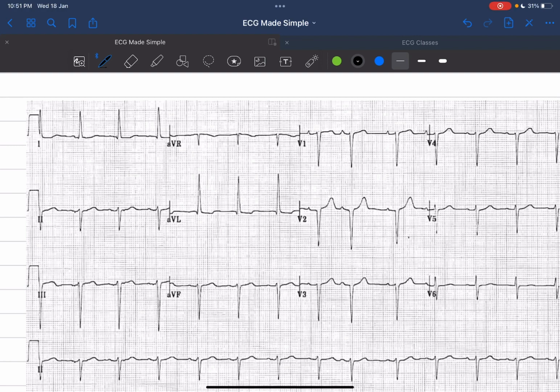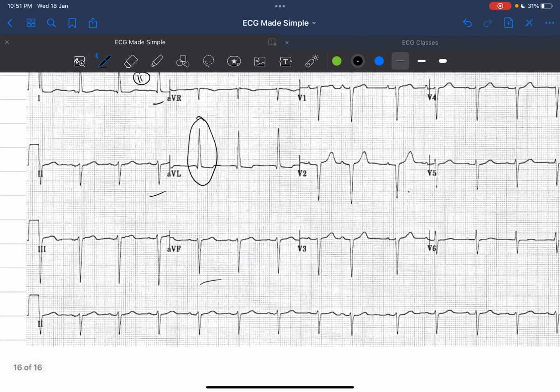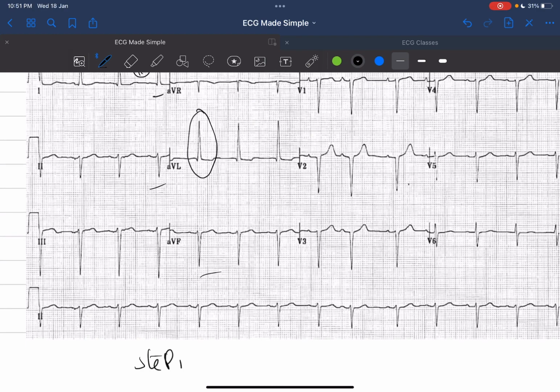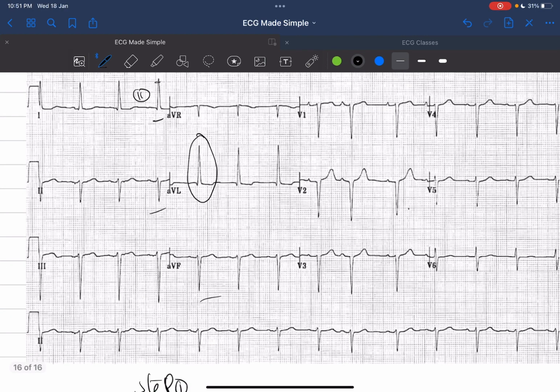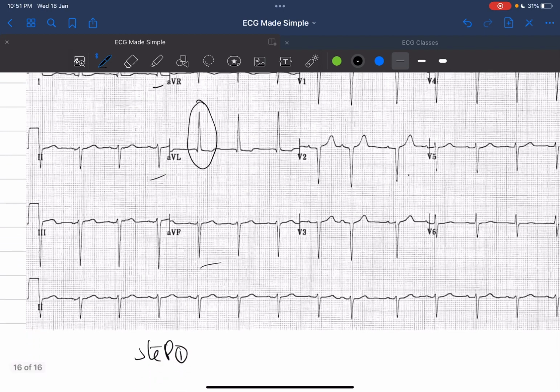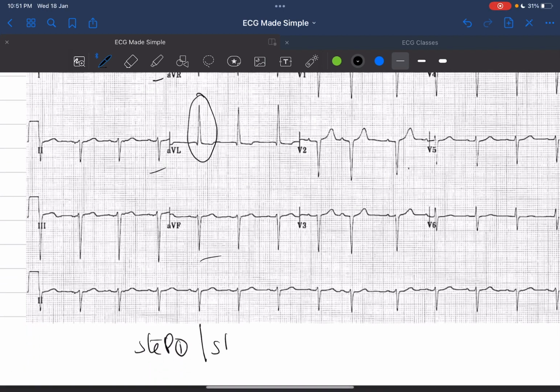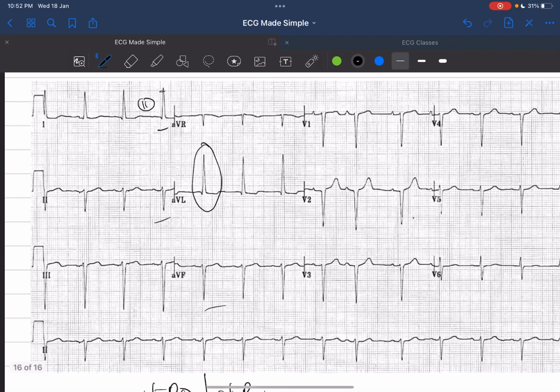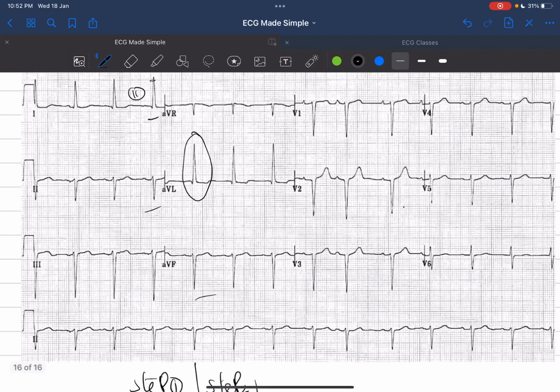Okay. So first step, lead 1, 2 and AVF. I'm pretty sure that lead 1 has a small R wave, but AVL is much taller than lead 1. So my step 1 is gone. Leads 1, 2 and AVF did not have the tallest QRS complex. Then step 2, I am looking at lead 3 and AVL.